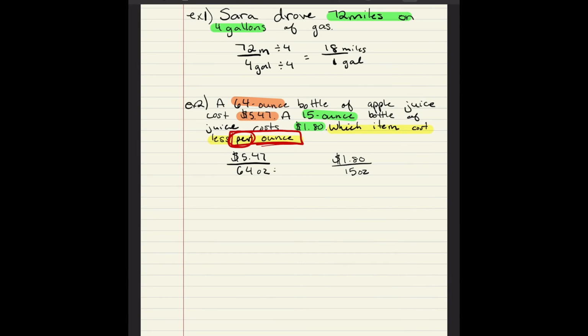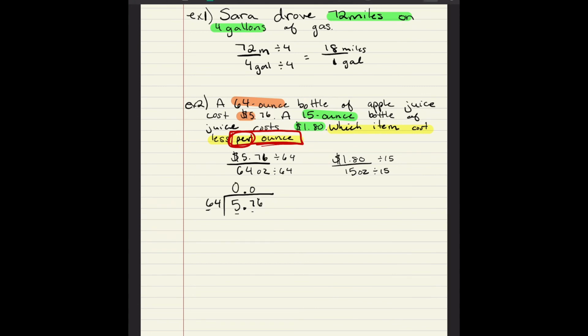Now I need to simplify to 1, which means I need to divide the bottom and the top. We'll be dividing $5.47 divided by 64. So remember, when you're dividing with a decimal, you just bring your decimal up.